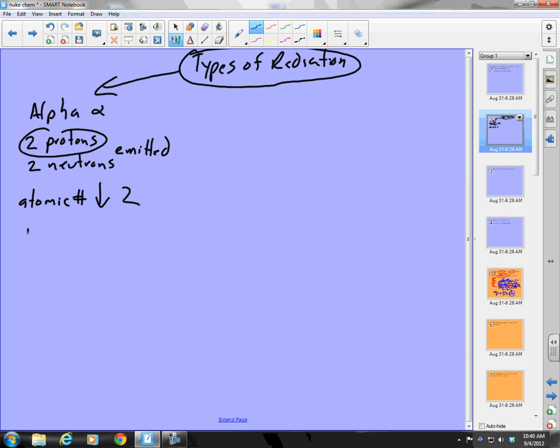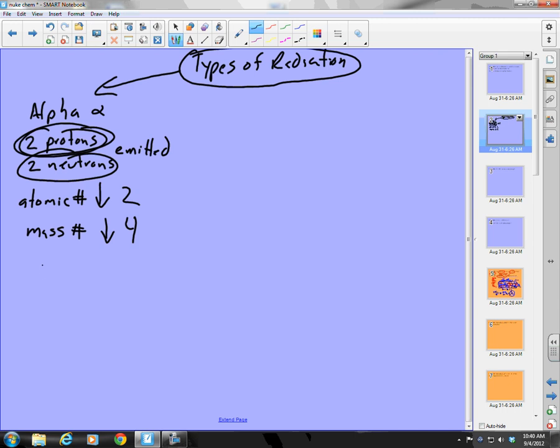What happens to my mass number? Well, remember, the mass number is defined as the number of protons and neutrons. If I lose 2 protons and 2 neutrons, what happens to my mass number? It drops by 4. Excellent. Good. Now, what has actually been spit out?